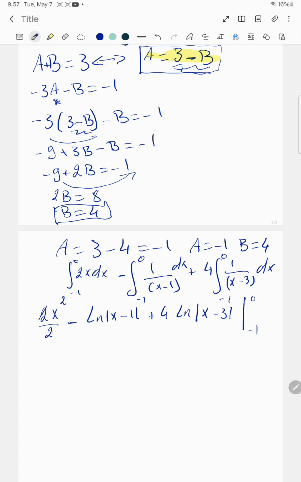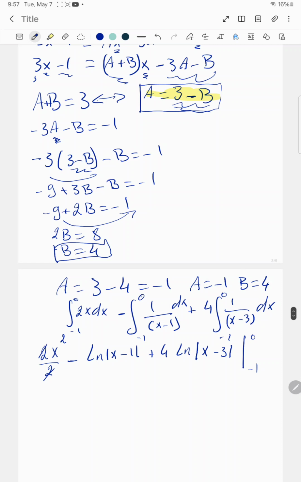So now let's solve it. It's between minus 1 and 0. At the beginning, I replace x by 0. Here I have x squared, which is 0, minus ln of 0 minus 1, which is ln of minus 1, but in absolute value it becomes ln of 1, plus 4 ln of 0 minus 3, which is ln of 3.